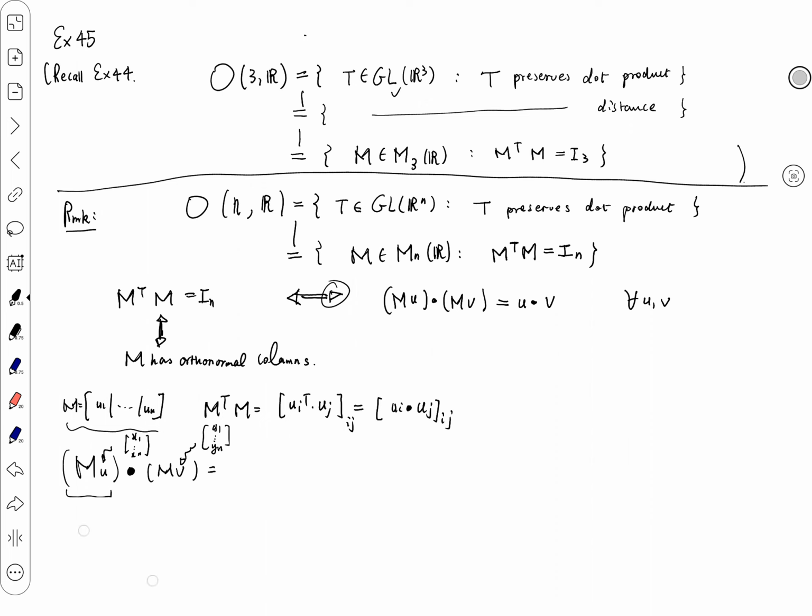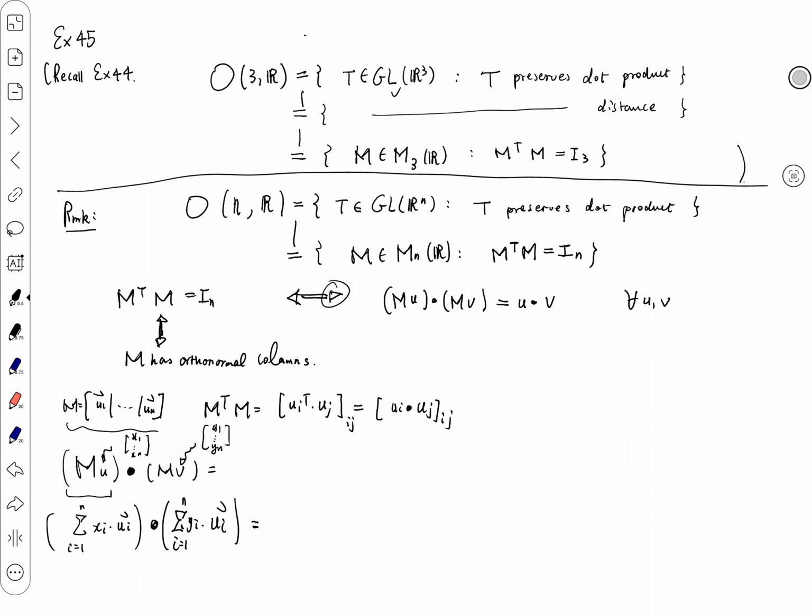This is just the summation of xi times ui, where I write ui to denote the column vectors of M. This comes from the matrix multiplication of a matrix with a column matrix, a linear combination of the columns of this matrix. Similarly, Mv is the sum of yj uj, j from 1 to n.